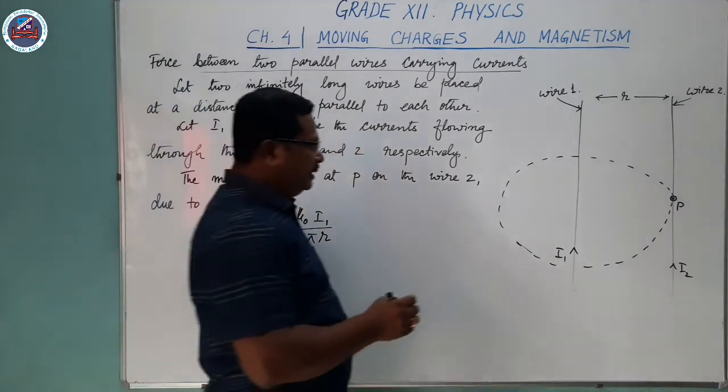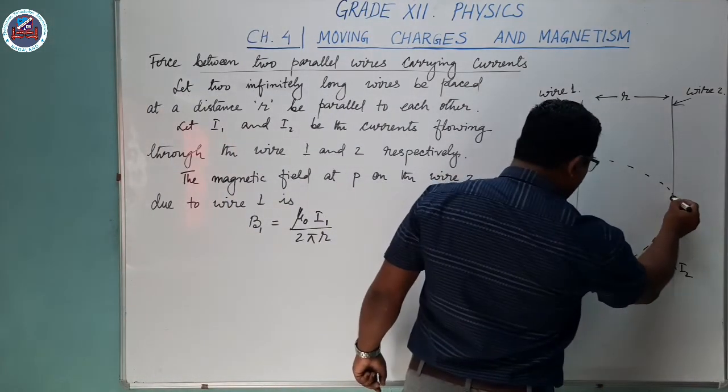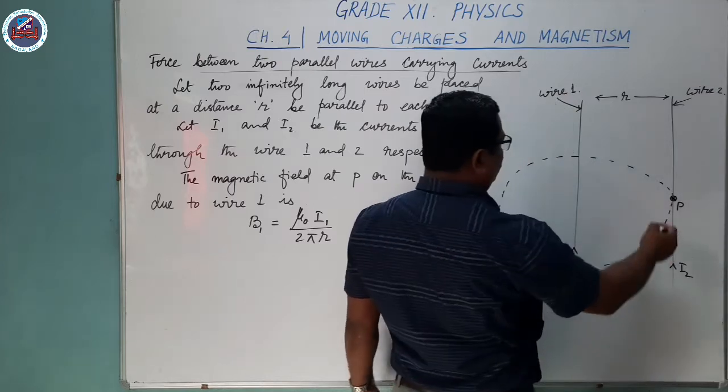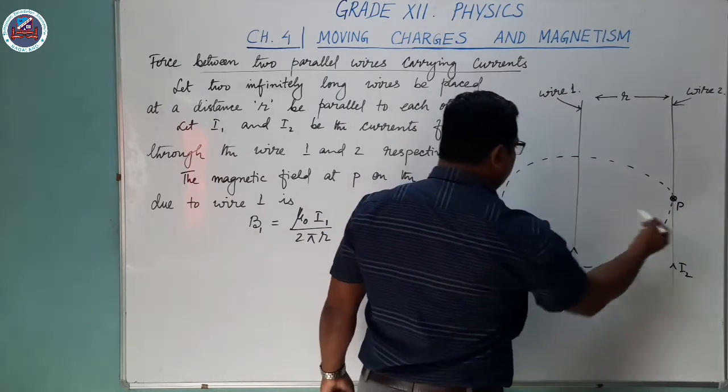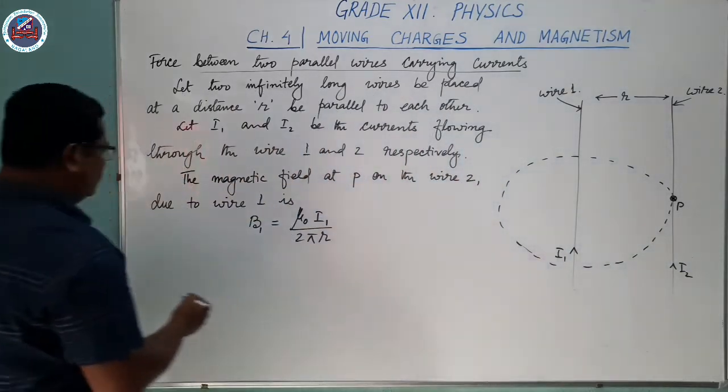Then after getting the magnetic field at point P, now you can find out the force experienced by wire 2 due to the presence of wire 1.